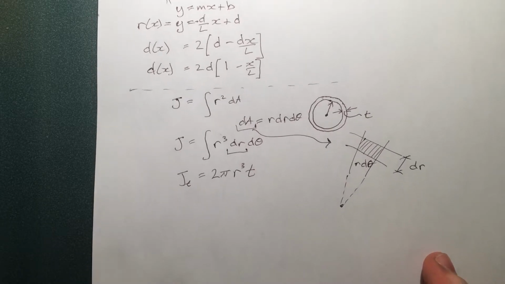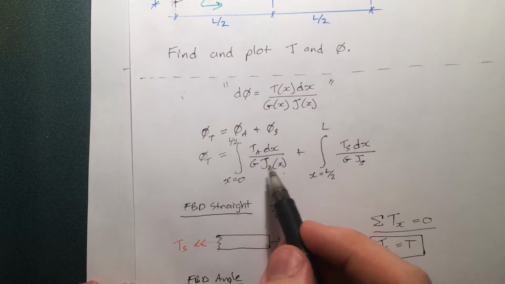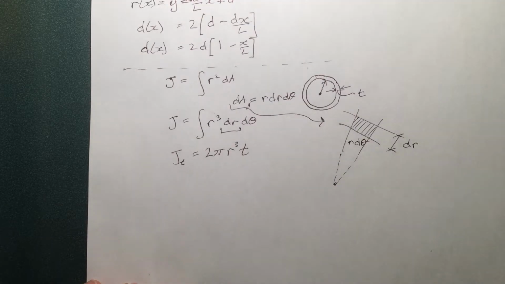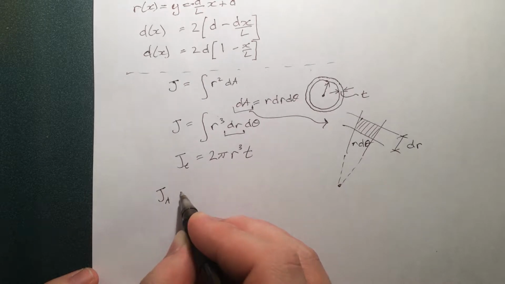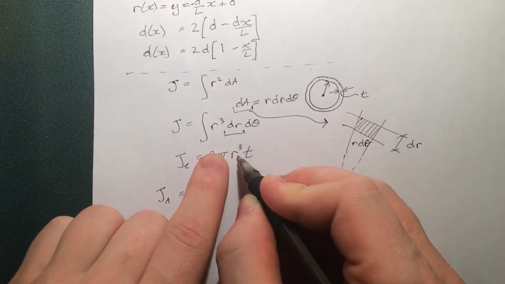Okay, so we need to find, once again, our J as a function of x. And we're using this thin-walled section. We use the thin-walled piece for this as well. So we can say that J for the angled section is 2 pi t. Now the radius as a function of x.